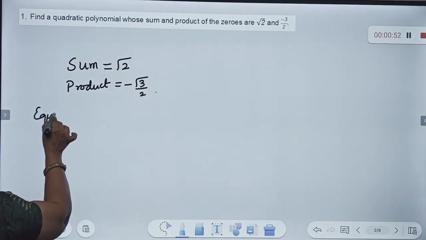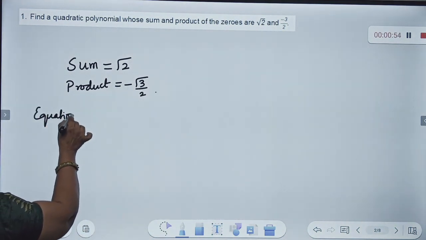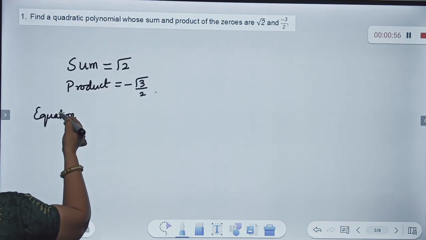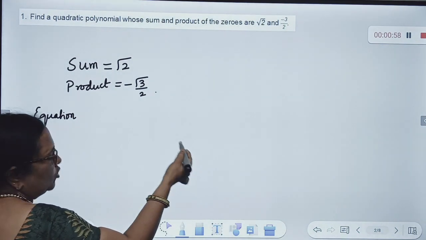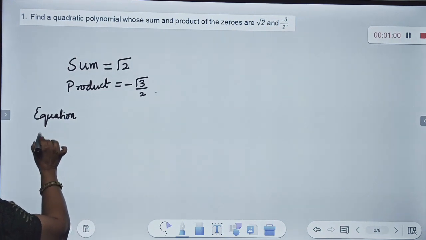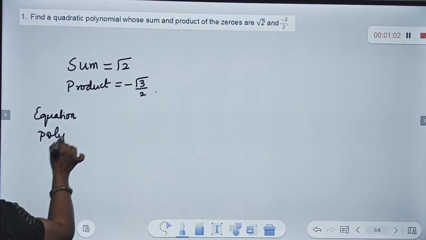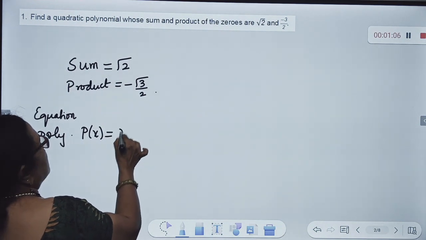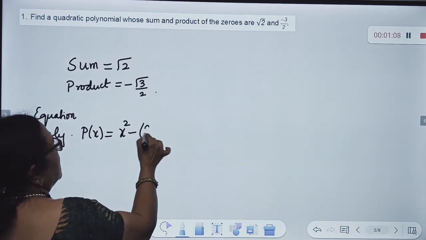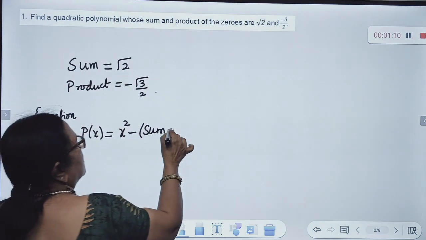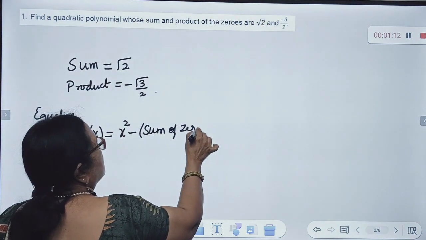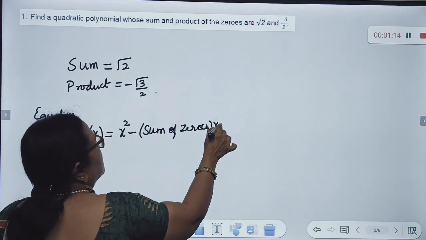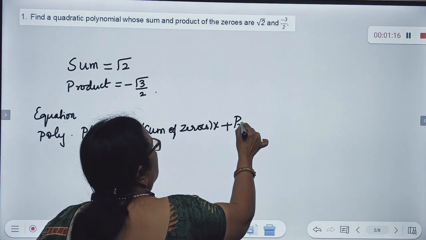Equation of a quadratic polynomial is, when you equate it to 0. Otherwise, if you want to just write it as a polynomial, p of x equal to x square minus sum of the roots or sum of the zeros into x plus product of the zeros.